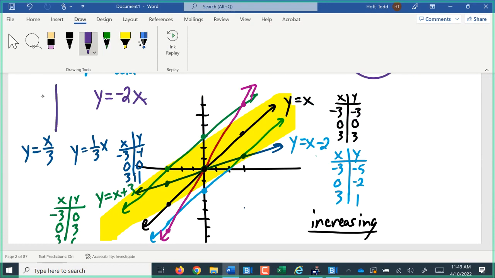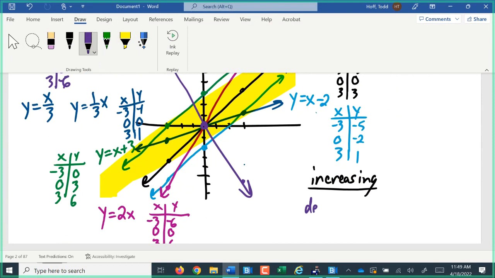And as we set up our table, if x is a negative 3, negative 2 times negative 3 is a positive 6. Negative 3, positive 6 is there. If x is 0, negative 2 times 0 is still 0, so back at the origin. If x is 3, negative 2 times 3 is negative 6. Over here. Something like that. So that gives us what we would call a decreasing line. As x gets bigger, y actually gets smaller in that case.